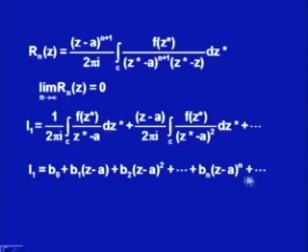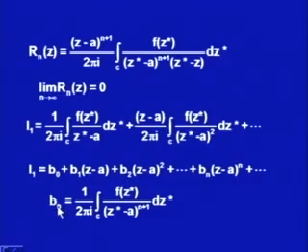So, this is an infinite series, Rn(z) tending to 0. Here the general term Bn can be given by the formula 1 upon 2 pi i integral over the curve C of f(z star) divided by (z star minus a) raised to power n plus 1, dz star. Here I am writing the contour integral over C because I am replacing C1 by C. The expression was given earlier.